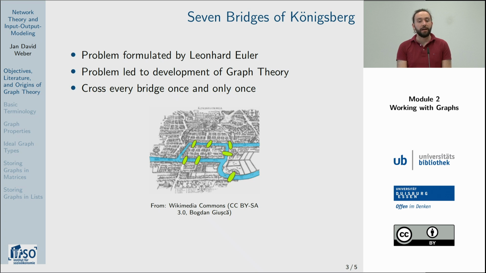So can you get from the point where you are back to the point where you are by crossing every bridge once without going back over one of the bridges twice? So that was the problem at hand, and he has shown mathematically that it's not possible to do exactly that. It's a quite long proof, but this is the origin.